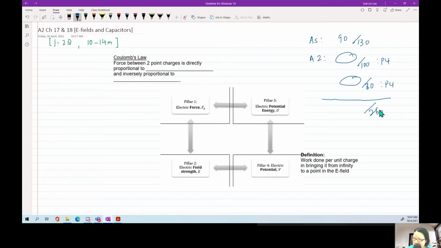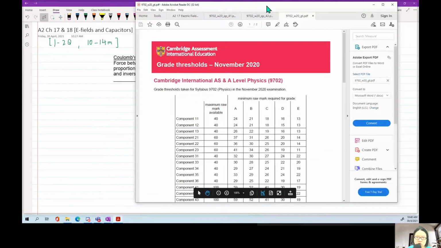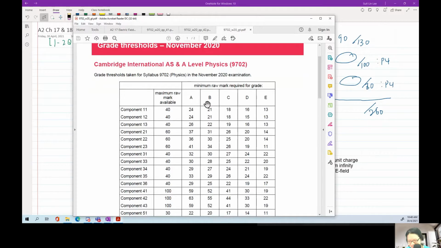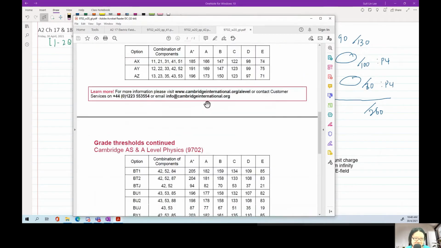So in order to decide what numbers you should get, you should always try to refer to the grade threshold. I'll show you the grade threshold for the winter 20 sitting. This is a COVID sitting, meaning we're in the midst of a pandemic and the data will be affected by that.